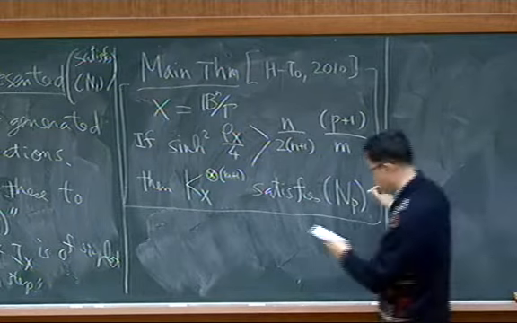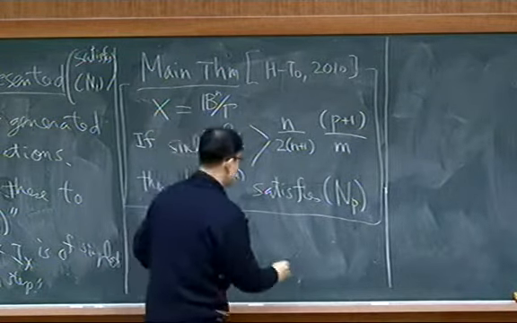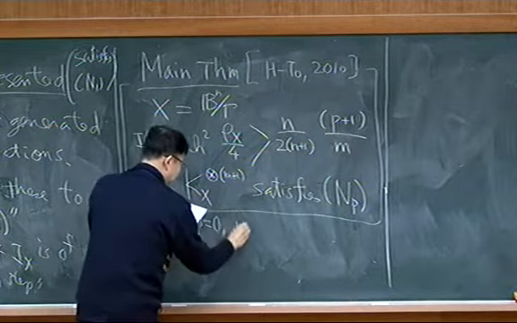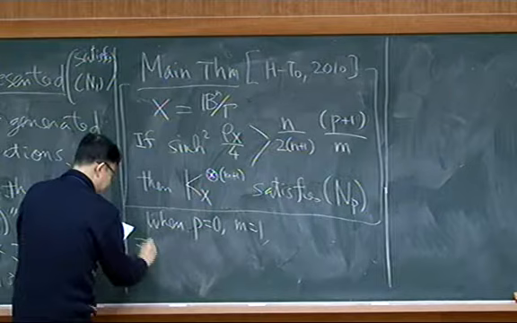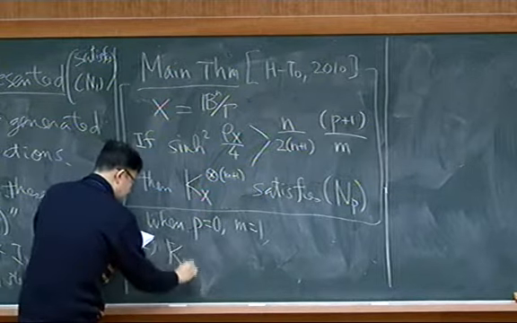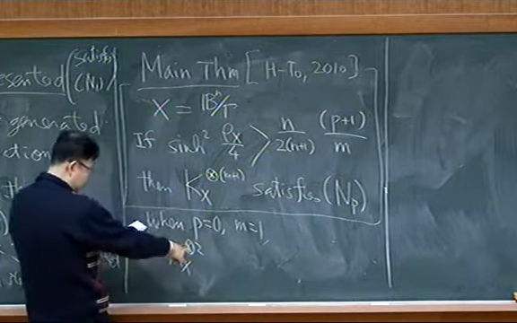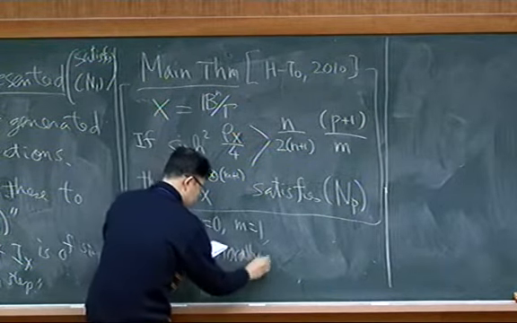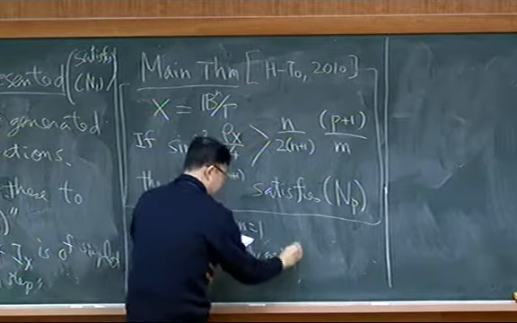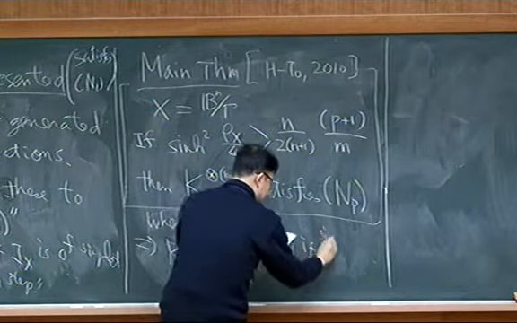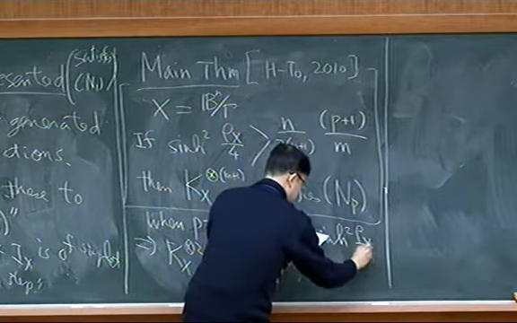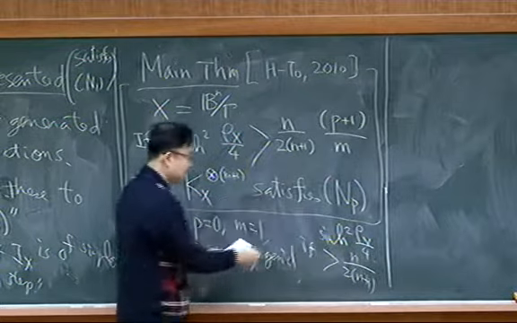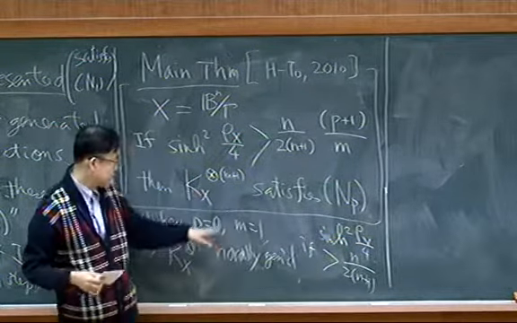So for example, in the simplest case, when P equals 0 and m equals 1, this says that K_X squared, the second power of K, is normally generated if the injectivity radius is big enough in this sense.